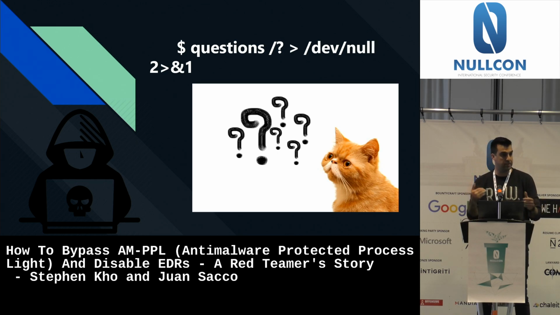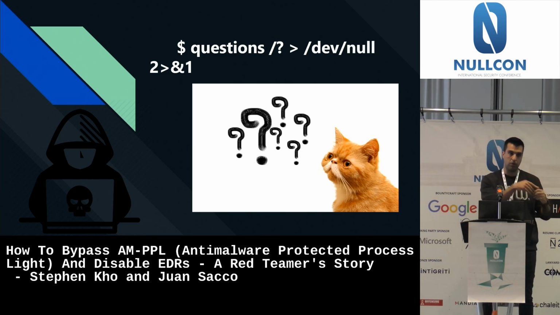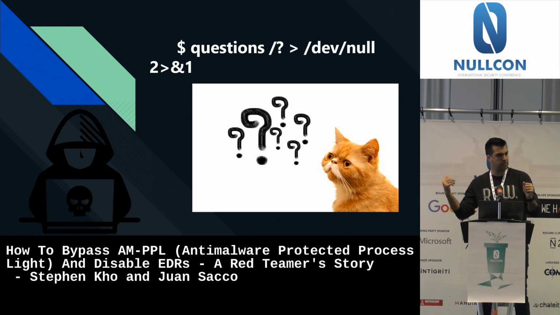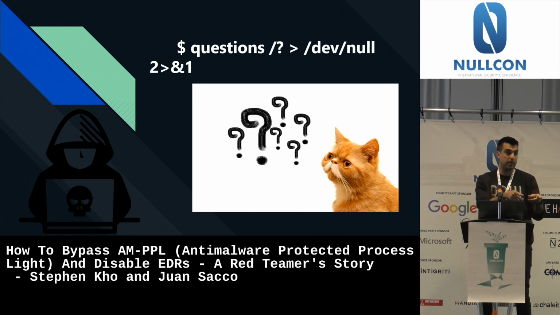If you want to dump LSASS to get the credentials, there are some clever tricks that the antivirus will do. It's not only hooking. For instance, when you call MiniDumpWriteDump, you can hook that and then detect it. But if you use SysWhispers or something like that, then you cannot detect that.